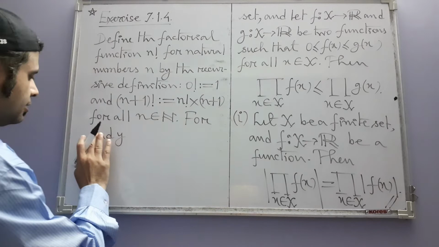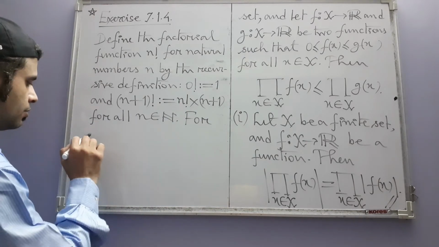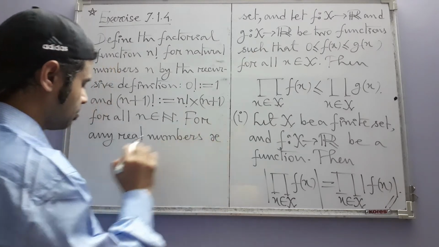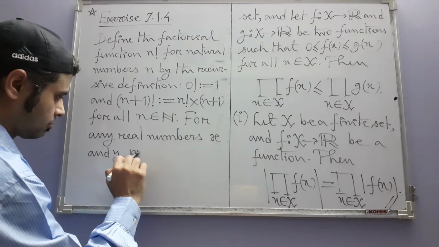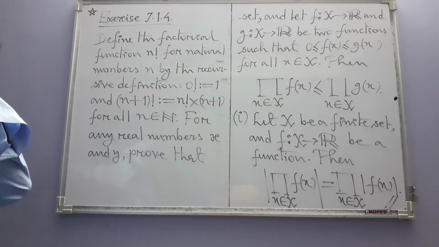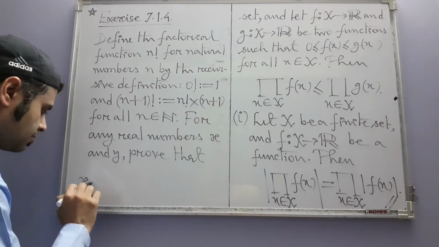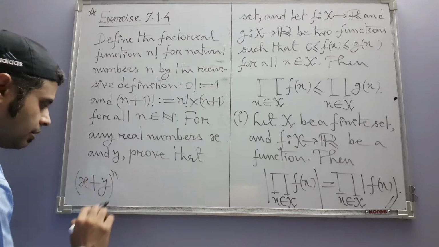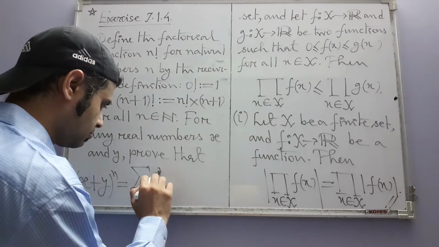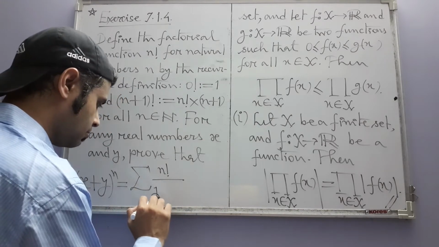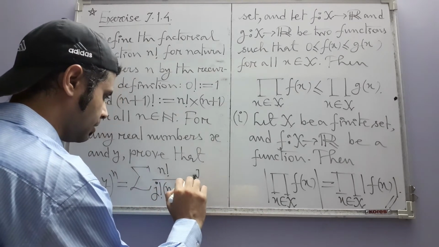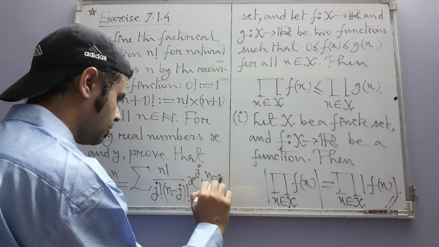For any real numbers x and y, prove that x plus y whole to the power n is equal to the summation of n factorial divided by j factorial times n minus j factorial, multiplied by x to the power j times y to the power n minus j.